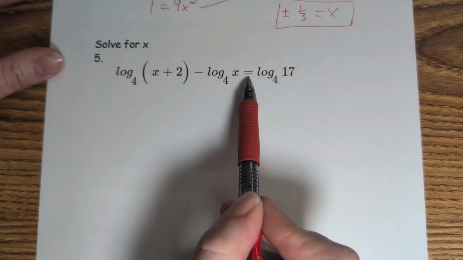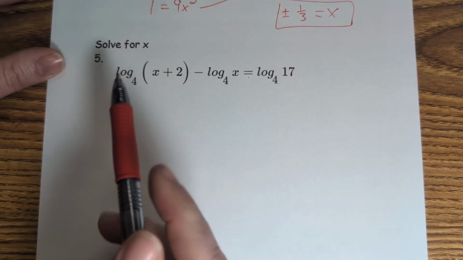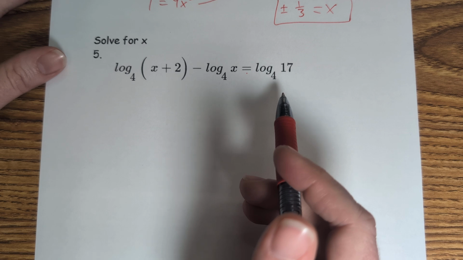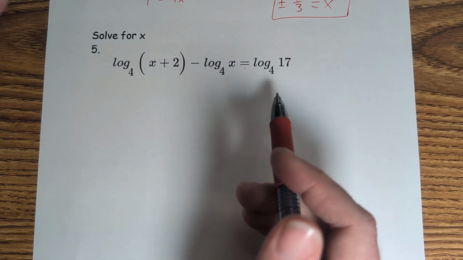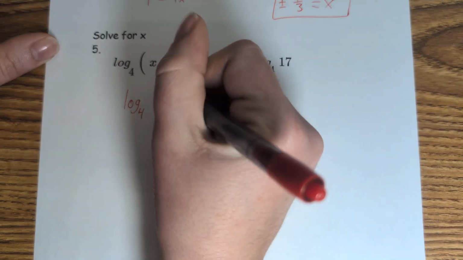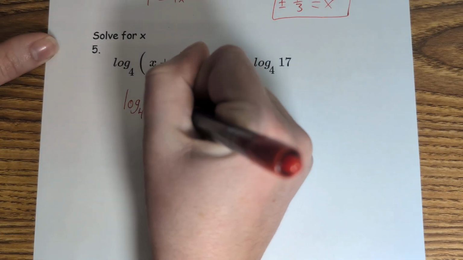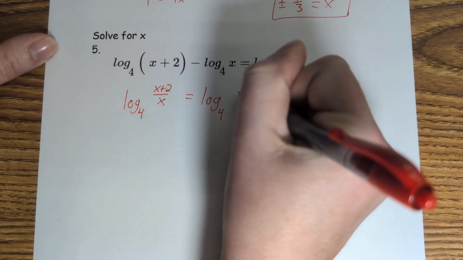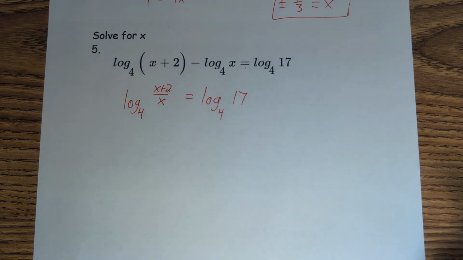The ones that are on the same side of the equal sign, I'm going to condense those. So subtraction turns into a fraction or division in my argument. That's going to turn into log base 4, and I've got x plus 2 over x, and that's going to be equal to log base 4, 17.